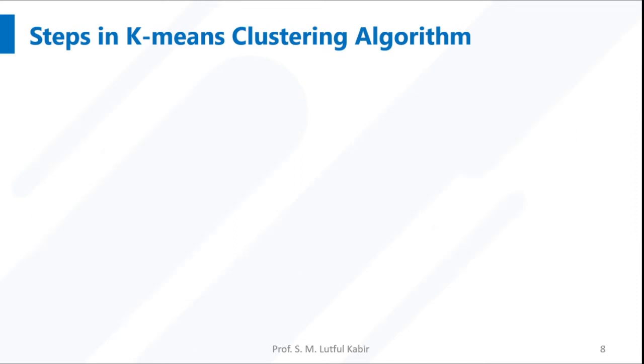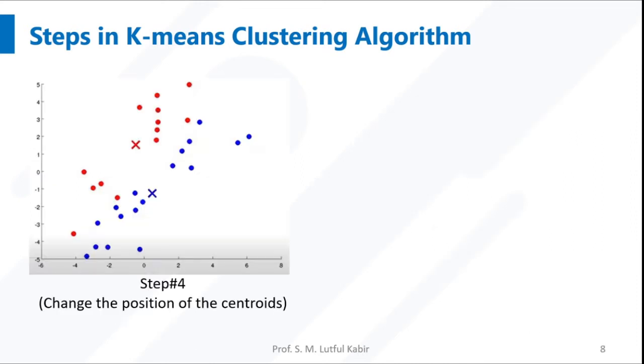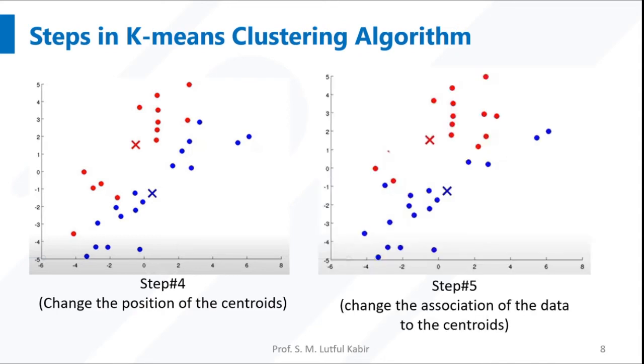So after changing the position of the centroid, the next step is to change the association of the data point with the centroid. Previously, we have seen how to make the association. So the same principle has to be applied now. So this is the change of association of the data to the centroid.